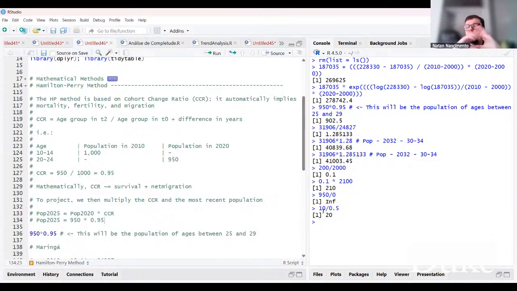So we want a smoothing that will allow us to really create a projection that is based on real geographic and demographic scenarios. So we usually smooth that by Queen methods, which give us a very, very useful number.